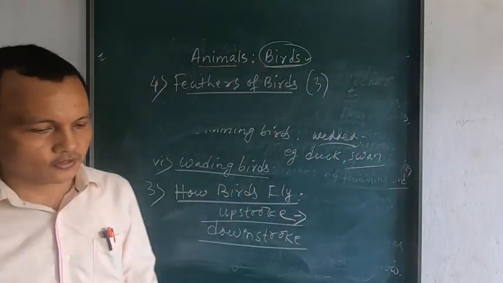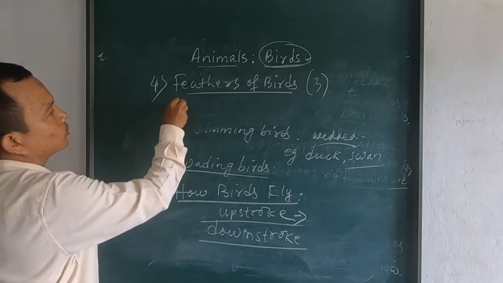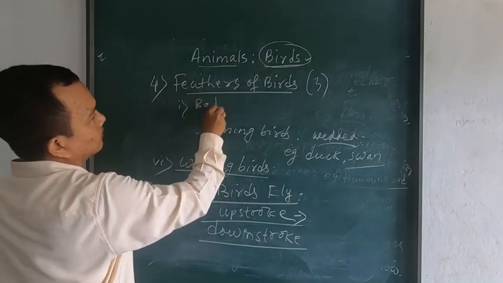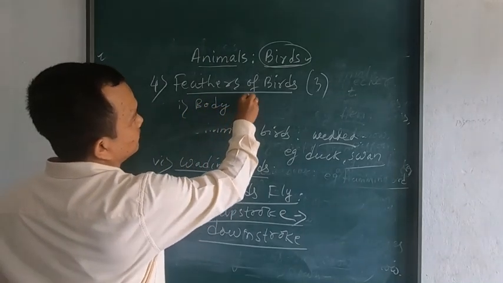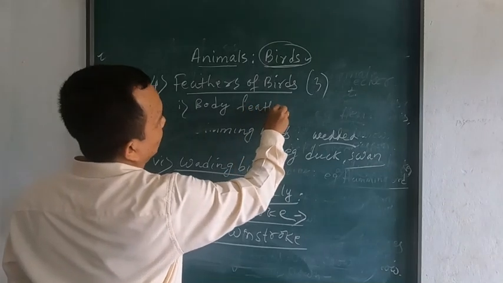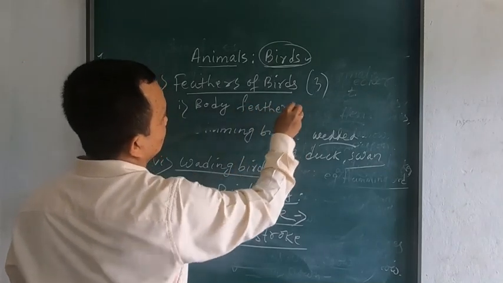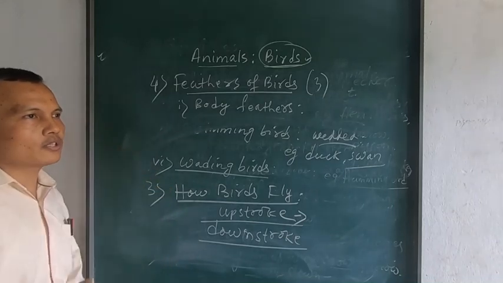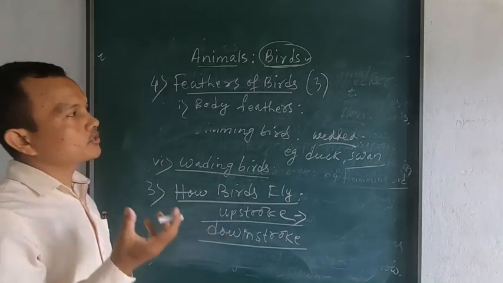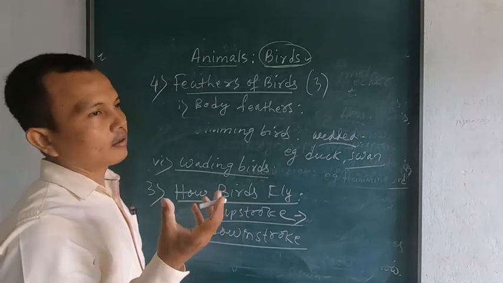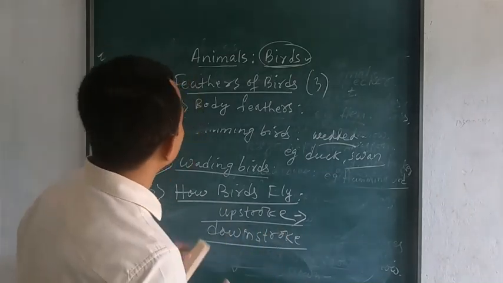One, you can say body feathers. Body feathers are the feathers that are found on the entire body of a bird, which make it look beautiful.